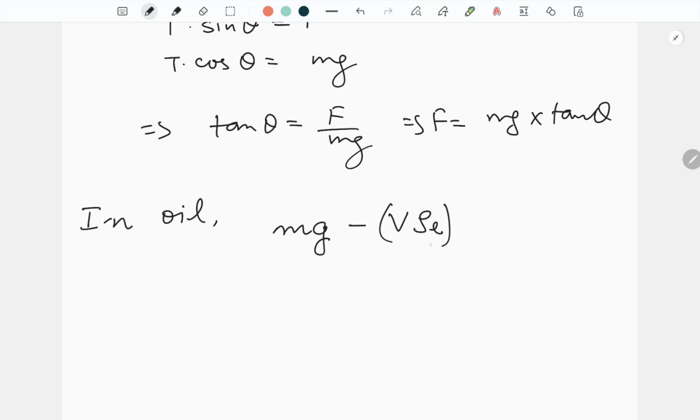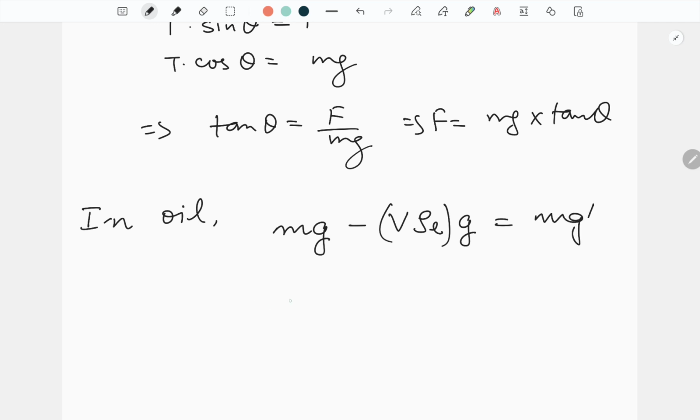So for the same volume, if you multiply the density of liquid, it will give the mass of that portion of volume for the liquid, and when you multiply it by g, it will be the weight of the liquid displaced. When you subtract the weight of the liquid displaced from the actual weight, you will get the effective weight, that is mg dash.